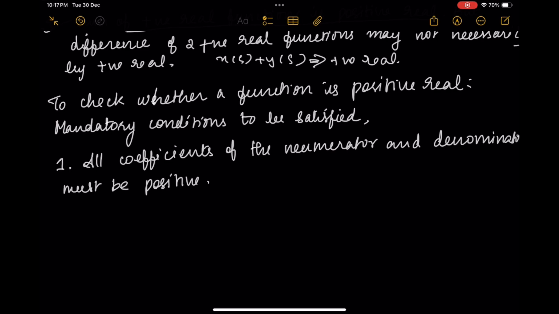The second point is that all the poles and zeros should be on the left half of the S-plane. That's also a condition for Hurwitz polynomial.